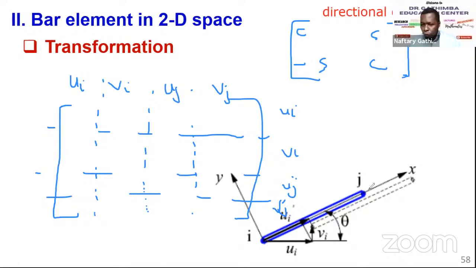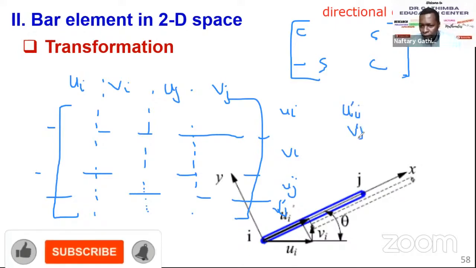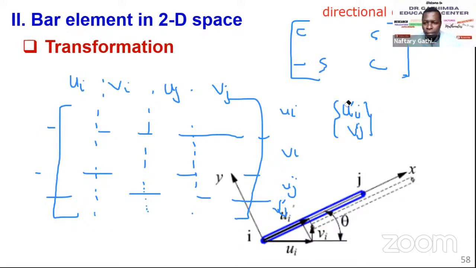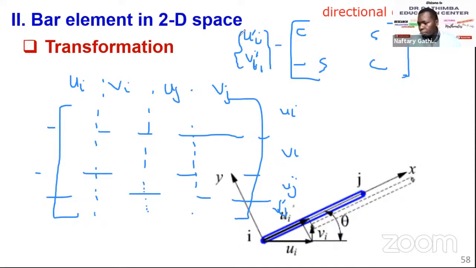For the two nodes, remember the first one that we just derived was node I, and we found that U prime I, V prime I is equal to this matrix times UI, VI.